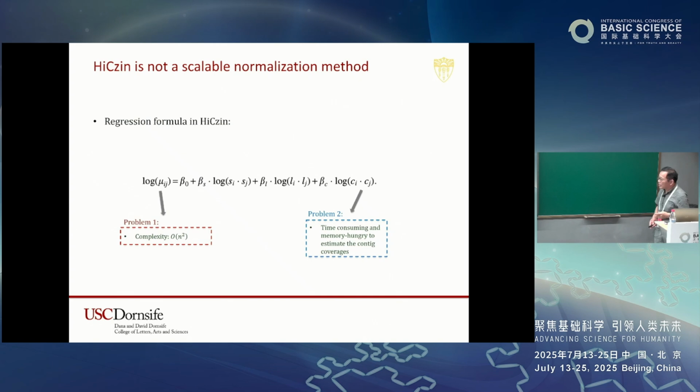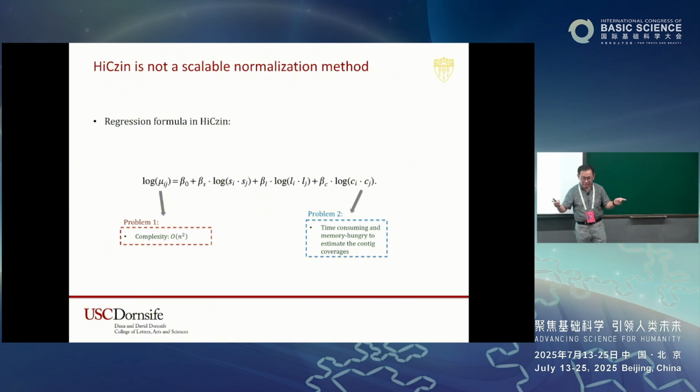Problem two is the so-called coverage. We try to estimate the coverage of the contig using Hi-C reads, using long reads. The problem with long reads is that the reads are long, and people don't want to sequence a lot because it costs money. So the number of Hi-C reads is small.